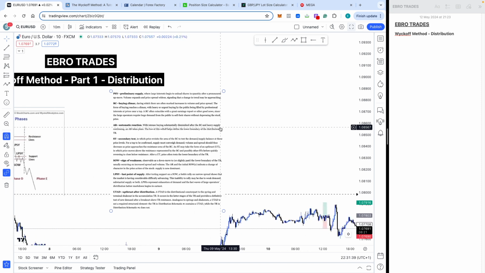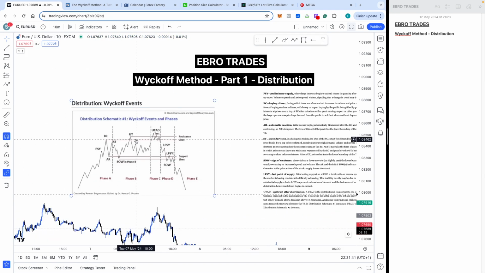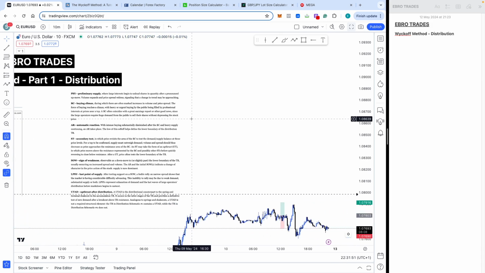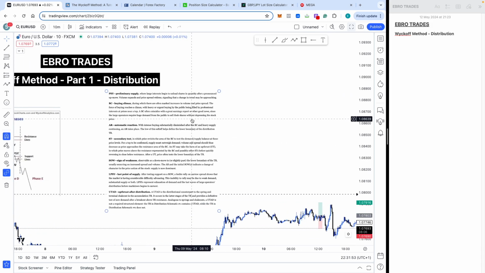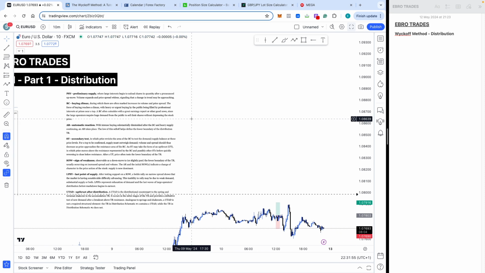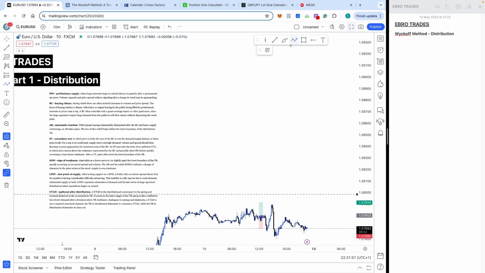Now, in the markets, you're not going to be looking for every single one of these points and labeling them realistically, especially if you trade on the 5 minute. So, what I tend to look for when trading Wyckoff, which has really helped me in the past few weeks and months, is essentially I'll see this behavior.